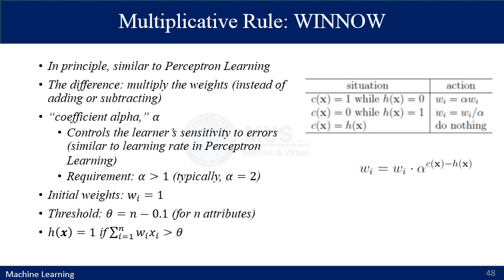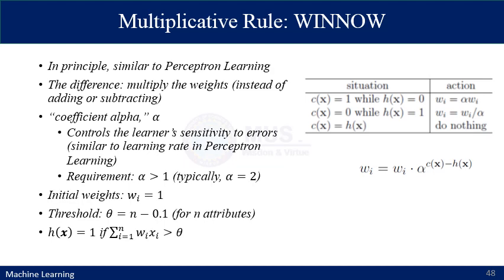Another principle which is similar to perceptron learning is the multiplicative rule, and it is known as the Winnow algorithm. In the previous case we used the additive formula, but in this case we use the multiplicative rule.